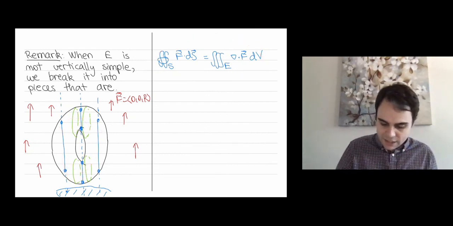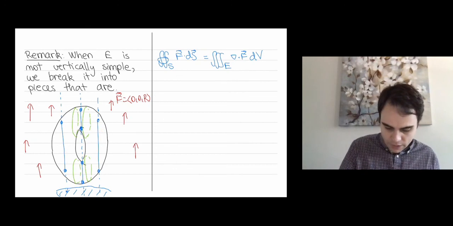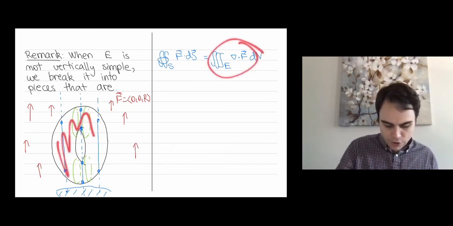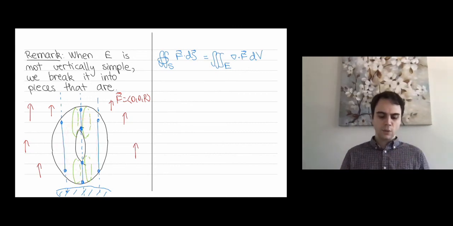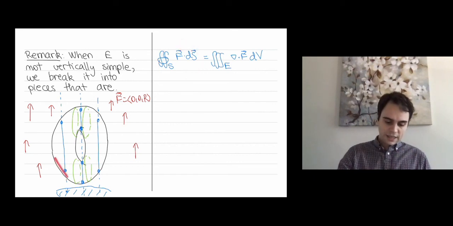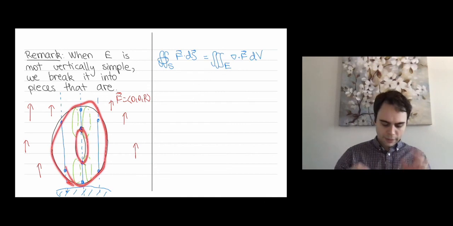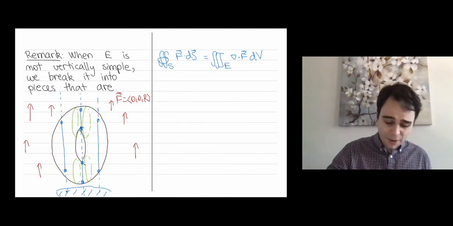If I add these equations together, on the right, I get the integral of the divergence on the whole region. I'm just breaking up the region and integrating one piece at a time, so that's fine. On the left, I get the integral over the original surface, plus a little bit of integral I didn't really care about, namely these disks, which I integrate over twice.